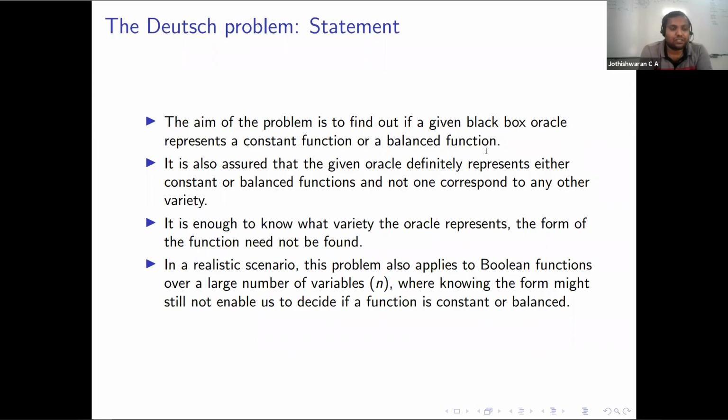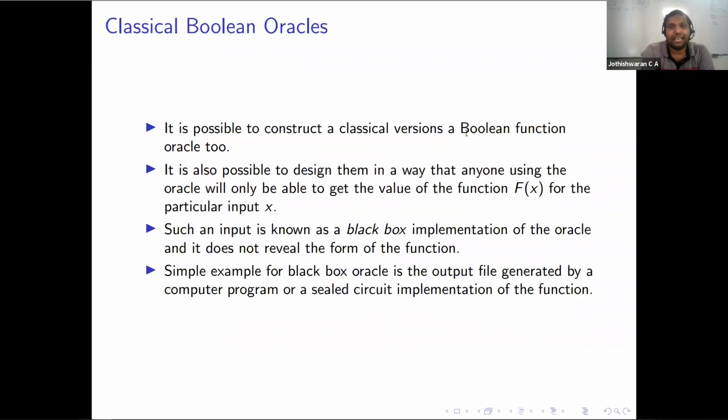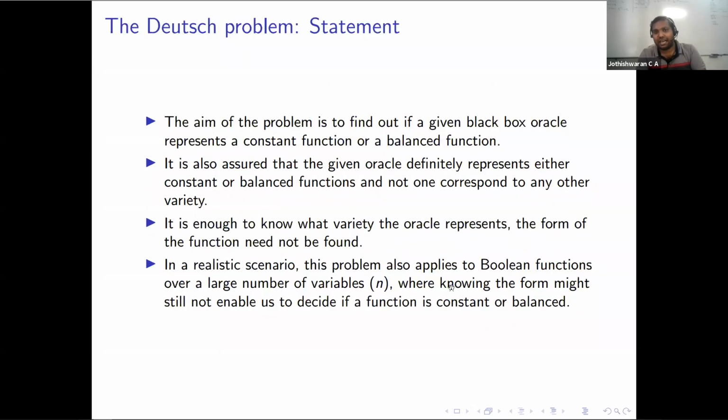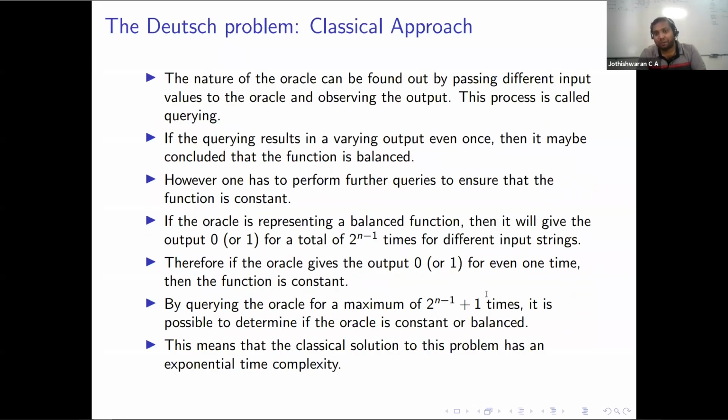But what the Deutsch-Jozsa algorithm shows us is that even for the case where we have n-bit Boolean functions, the answer of whether the given oracle is constant or balanced can be found out by performing just one measurement. So that is the power of the quantum Deutsch-Jozsa algorithm. Whereas, in case of the classical algorithm, we need 2^(n-1) plus 1 queries.